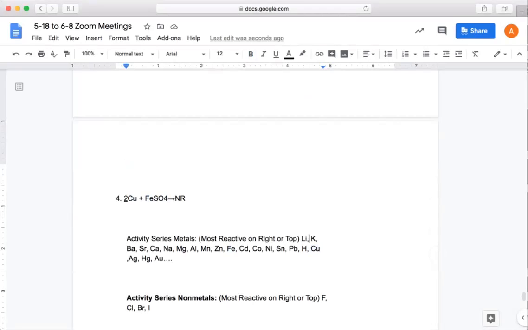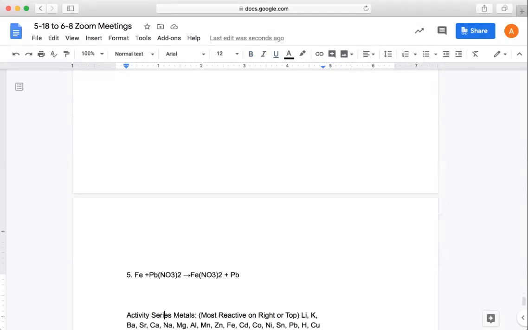The activity series is ranked from most reactive on the top left to least reactive on the bottom right. In this case, lithium is the most reactive. Iron is somewhat reactive, but copper is not very reactive. So iron will replace the copper. But in this case, will copper replace the iron? No, it will not. The converse doesn't work here. Copper will not replace the iron. You have no reaction.